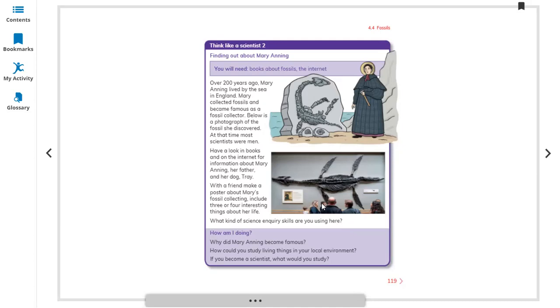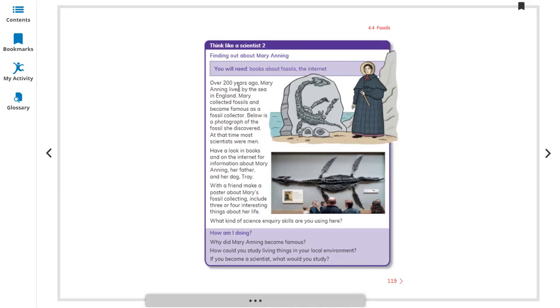Mary Anning became famous because she learned a lot about fossils and she discovered many new fossils. If you write the name Mary Anning on the internet, you will find more about her research and how many fossils she found.